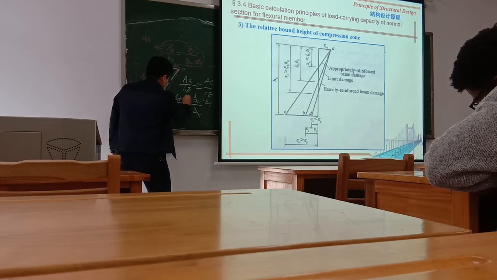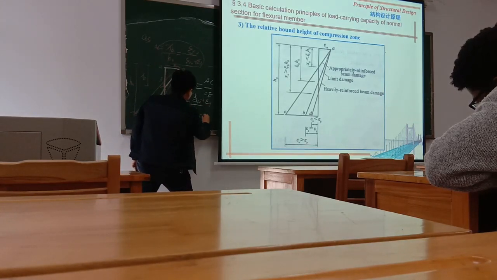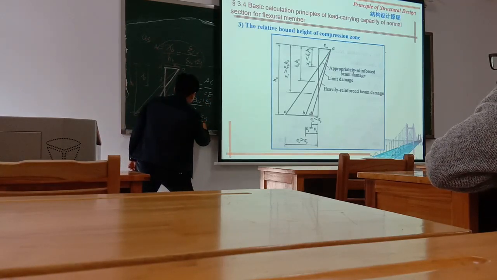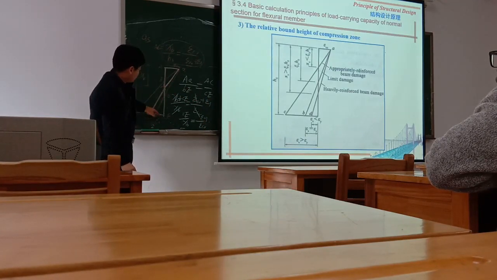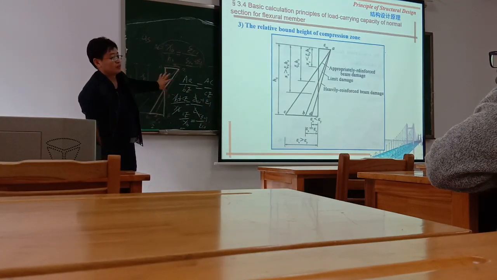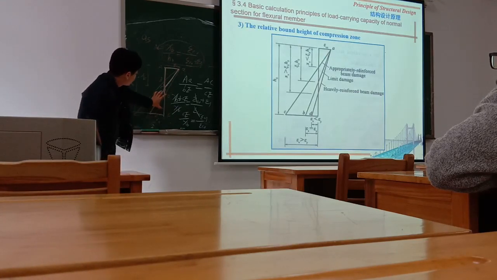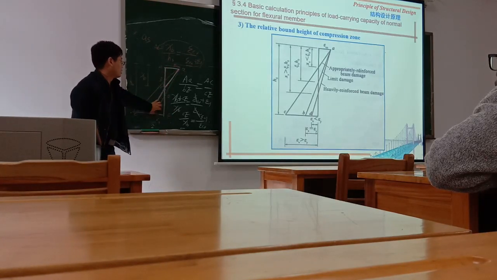So on this side we only get ce divided by xb equal to epsilon y by epsilon cu. So these are the edges of the two triangles: CE is this edge, epsilon y is this edge, xb is this edge, epsilon cu is this edge.